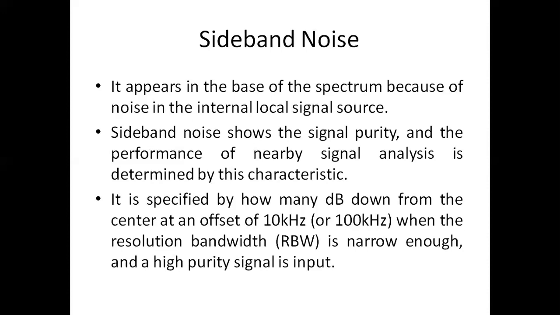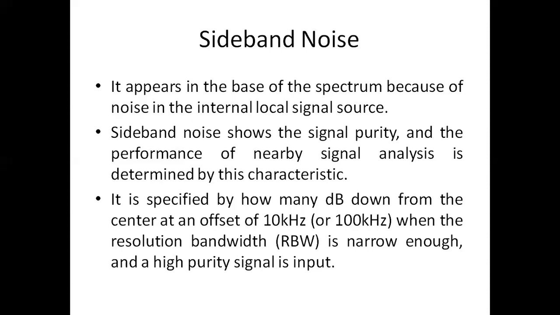But sideband noise below the threshold level is very good. If it exceeds the threshold level of operation, it's very difficult to measure the spectrum. Then the sideband noise shows the signal purity, and the performance of the nearby signal analysis is determined by this characteristic.